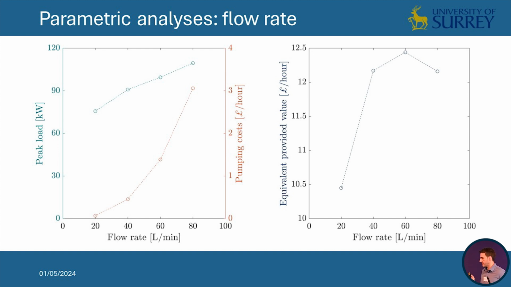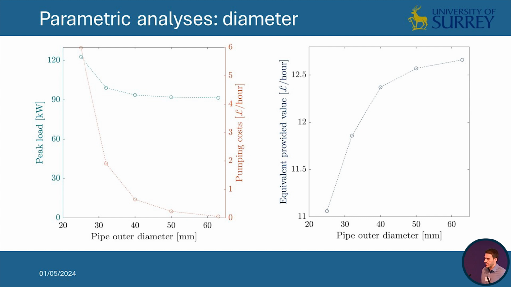Similarly, looking at the pipe diameters and using reasonable ranges, going to a higher diameter, everything else being the same, you can flatten out your load, but you also flatten out your costs. And when you combine the two, it also shows that higher pipe diameters are still more valuable.